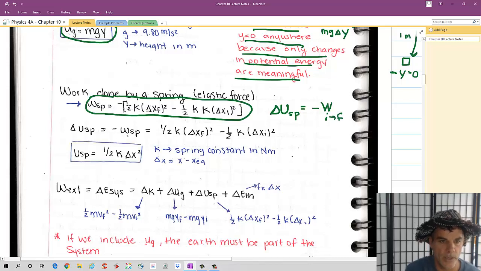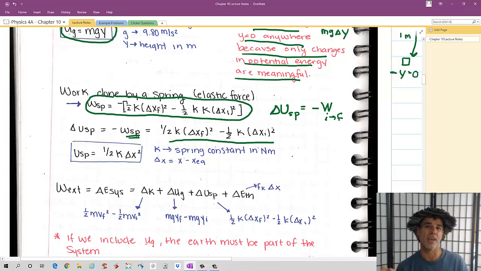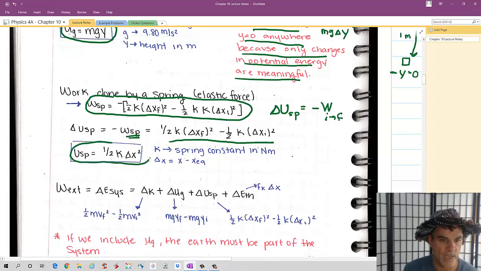So if I look at negative the work done by a spring, this minus sign drops out and I get 1/2 k delta x final squared minus 1/2 k delta x initial squared, which means our equation for elastic potential energy must be 1/2 k times delta x squared.